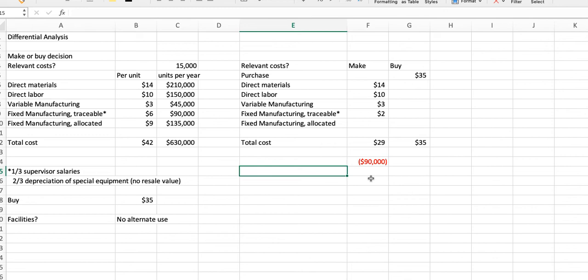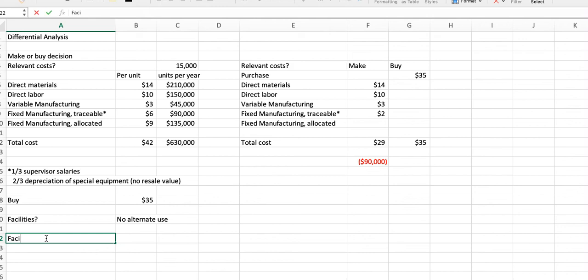Now, let's suppose instead, if we do purchase these carburetors for $35, we could use that capacity, because right now we said we had no alternative use. But let's say instead we did have an alternative use, and we're going to change the scenario, and it would bring in $150,000 per year.